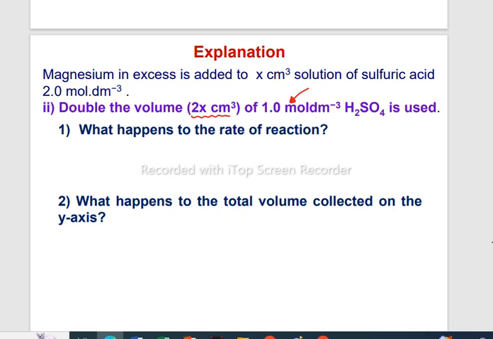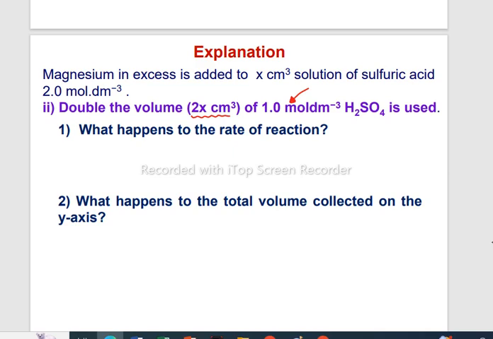The volume will never affect the initial rate of reaction. No matter what the volume is, could be triple, could be halved, could be quadruple, it will not affect your rate. The rate is only affected, and remember that, by the factors which affect the rate of reactions: the concentration, the temperature, the surface area, and the catalyst effect.